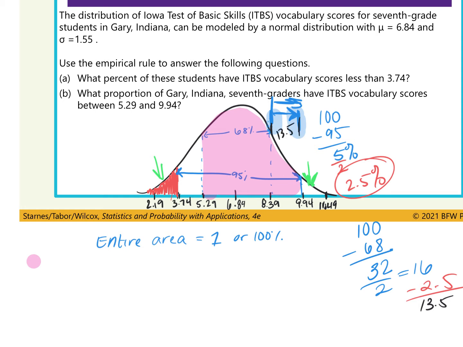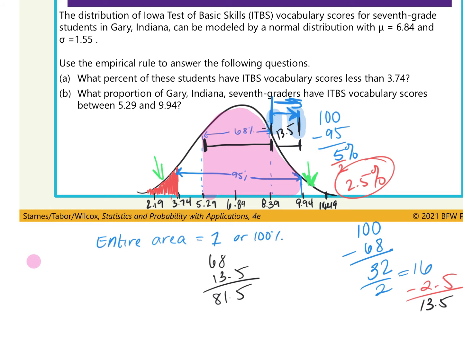Some of you did it other ways, and that's okay. And when I add 13.5 to 68, we get 81.5. I'm adding it because I want the whole pink area, here to here, plus here.